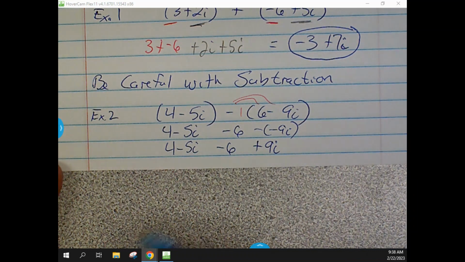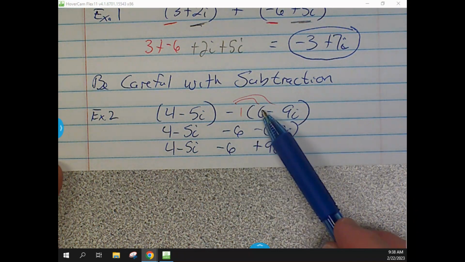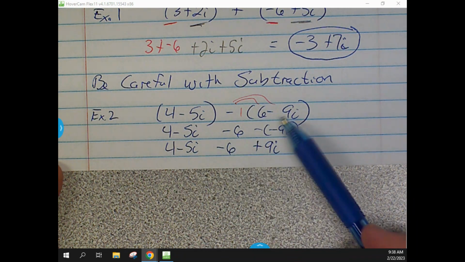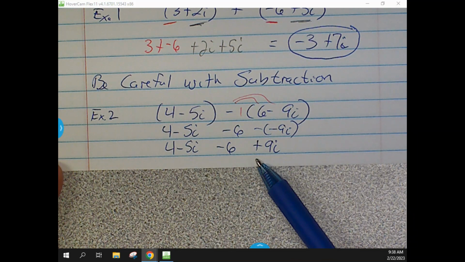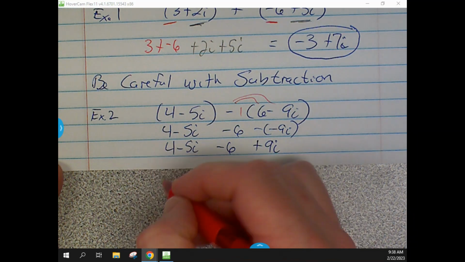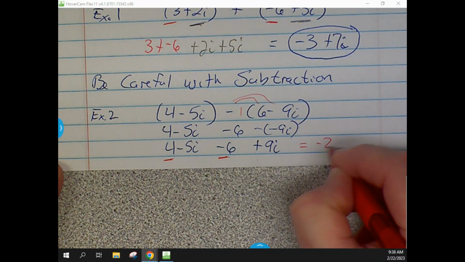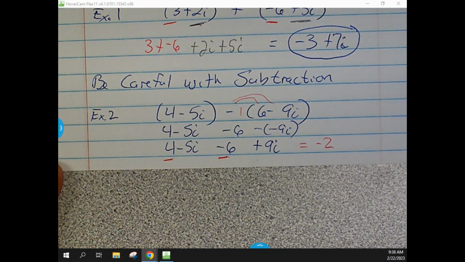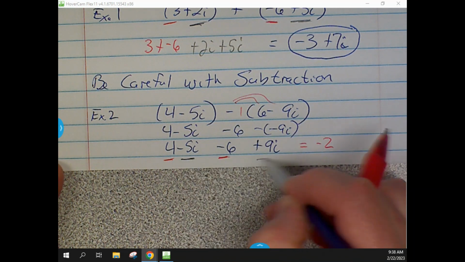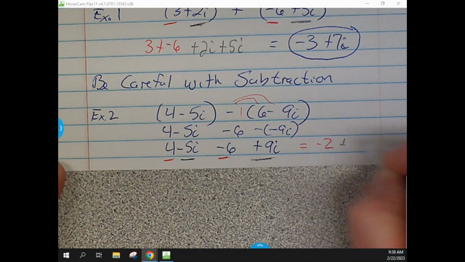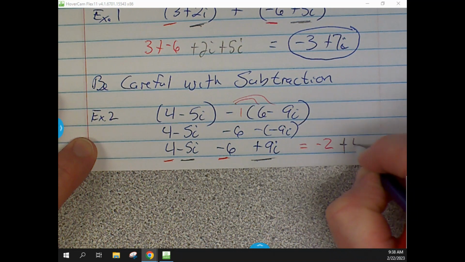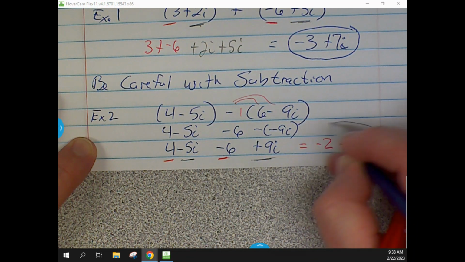If you've got a minus in front, you've got to remember to change the sign of both numbers. So this was a +6, now it's a -6. It was a -9, now it's a +9. And then you can combine your like terms. Now you've got 4 minus 6, which would be -2. And then we've got -5i plus 9i, which would be plus 4i.